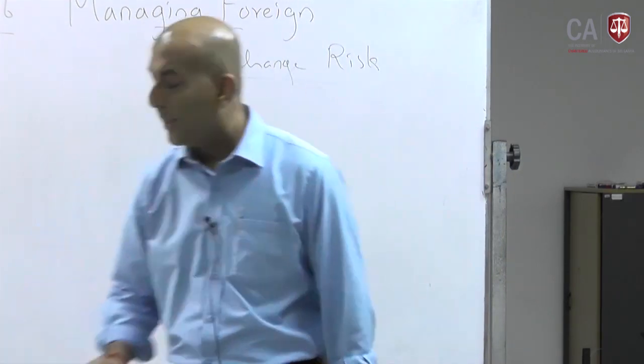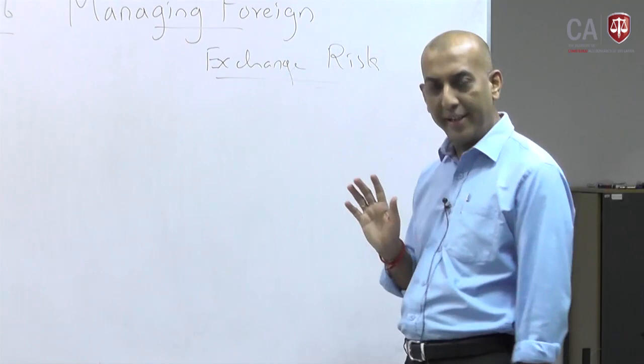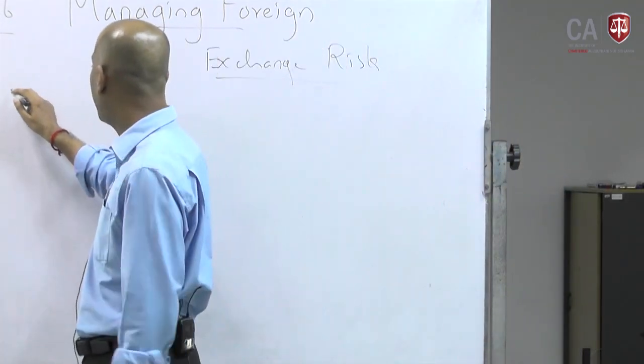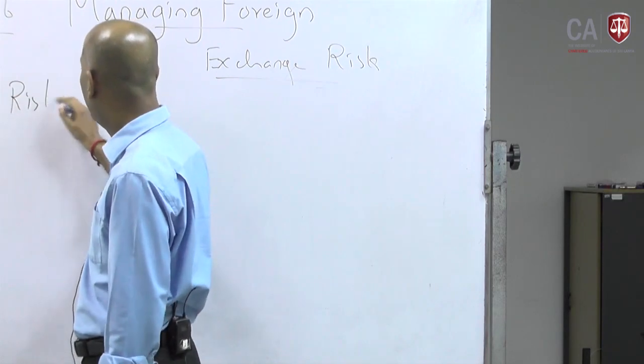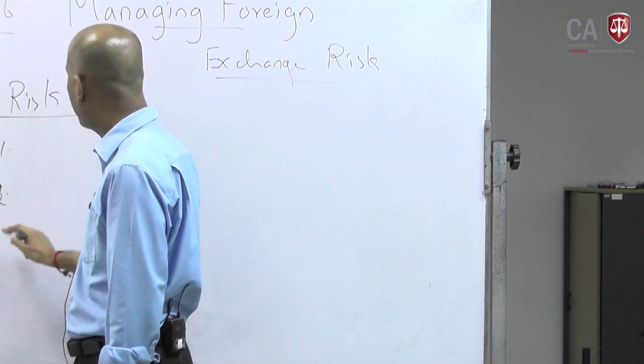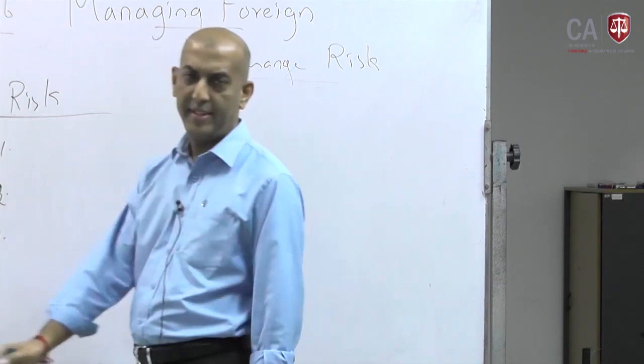So please note, that's basically to get an idea of buying rate and selling rate. Then the exchange rate risk. When you are talking about exchange rate risk, there are three main types of exchange rate risk.